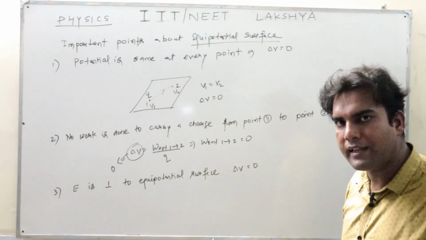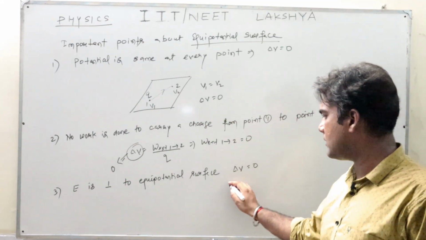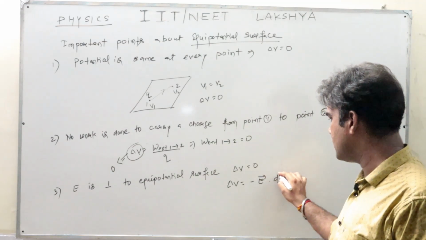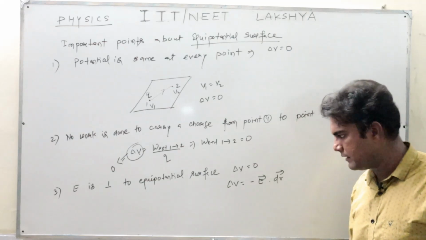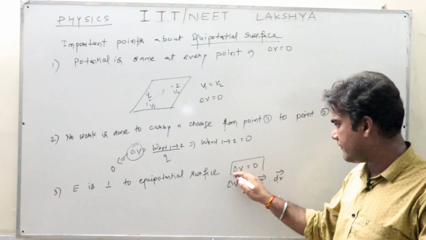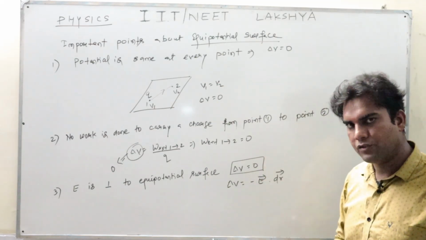And you know the relationship between change in potential delta V and electric field. Just now we have learnt delta V is equal to minus E dot dr. If it is non-uniform, then you can just put an integral sign. Now for an equipotential surface, delta V is 0.